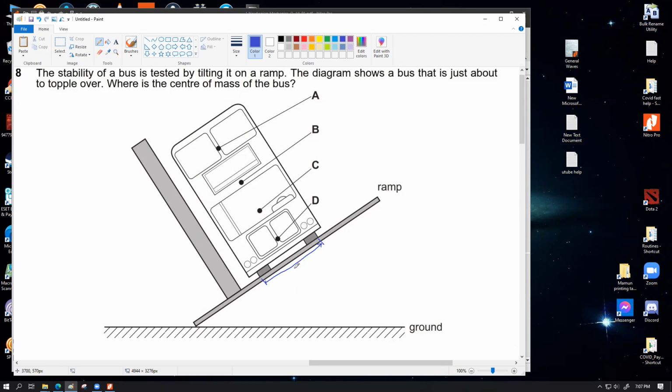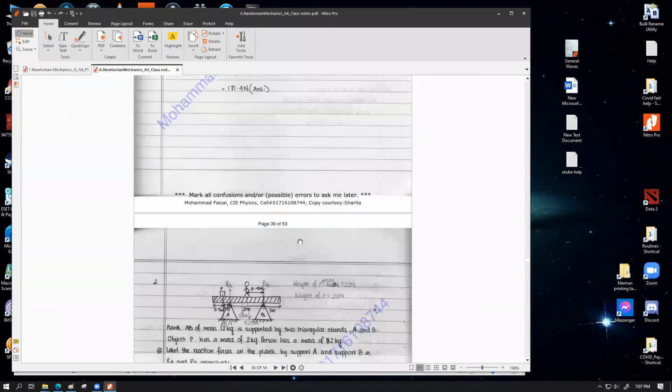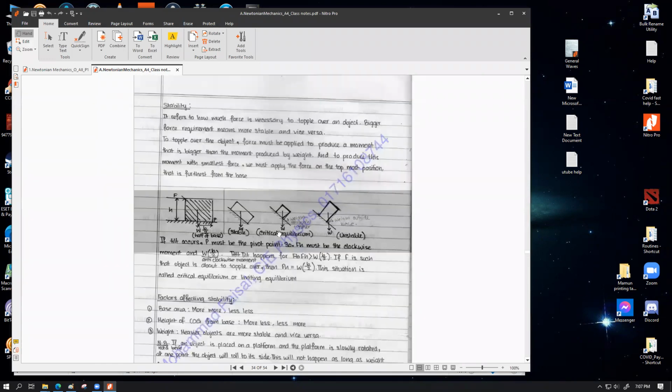What we've seen in our earlier discussion is that the case of critical equilibrium is when the weight passes directly through the corner of the base, which I should help you recall from this figure. So this is stable. This is critical equilibrium, which means about to topple over, on the verge of toppling over. And if this weight falls outside the base, then it is actually unstable.